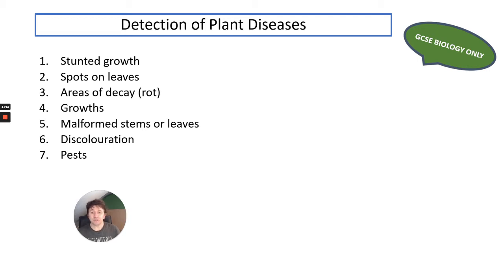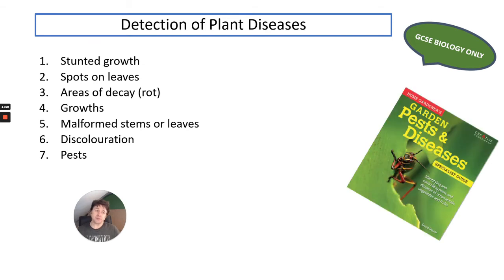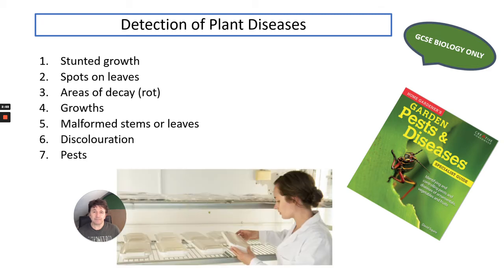Now, how on earth do you know whether a plant has a disease? Well, usually you can tell by observation. You might use a garden pest and disease manual, so you might use a book, or you might use a mobile phone app to recognize whether there is a certain plant disease.